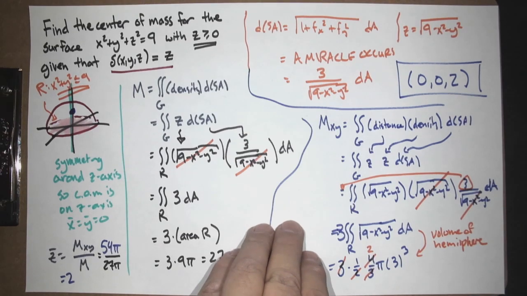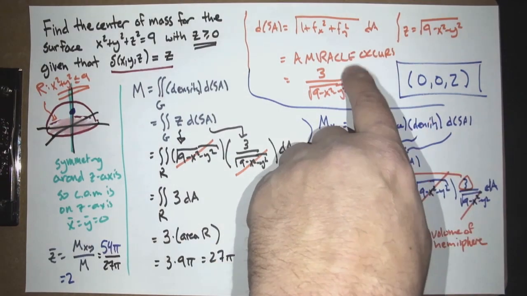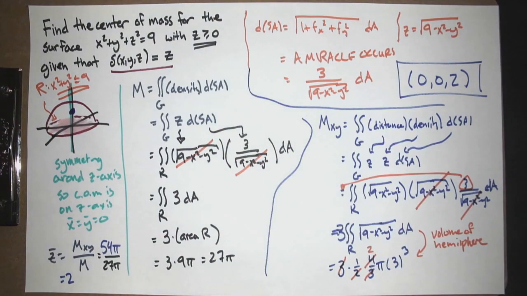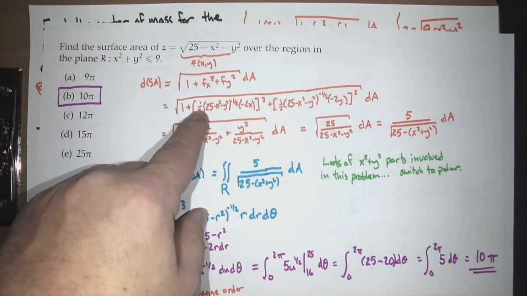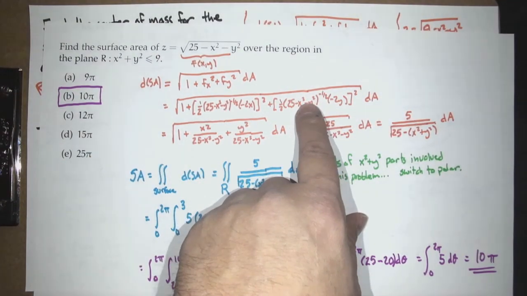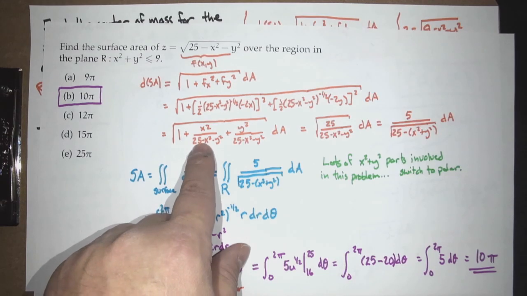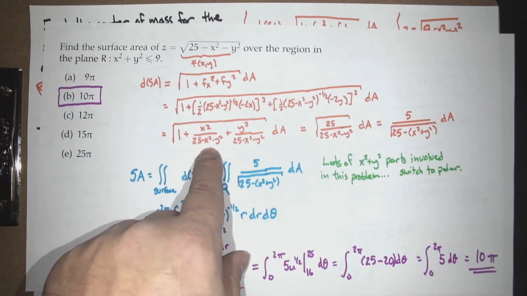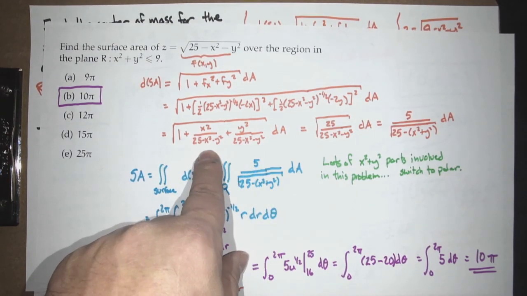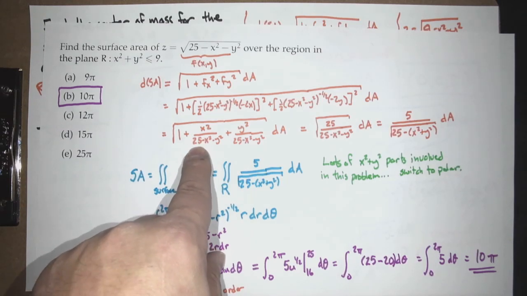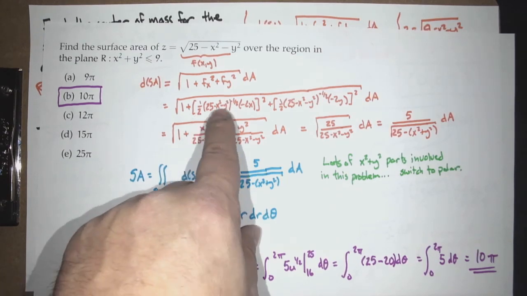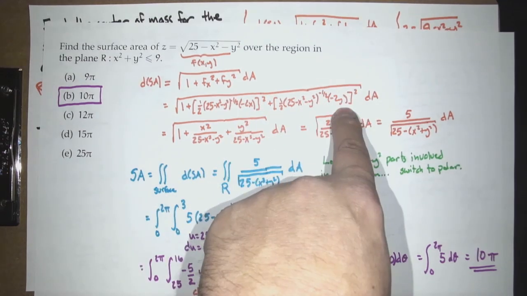When we get the first miracle, didn't get to this miracle? Yeah. It's the same thing that happened in the review problem, where you take fx squared plus fy squared, and then it turns out that you get x squared over 25. In our case, replace the 25 by 9, but it's the same thing. There's an x that shows up here, a y that shows up here.